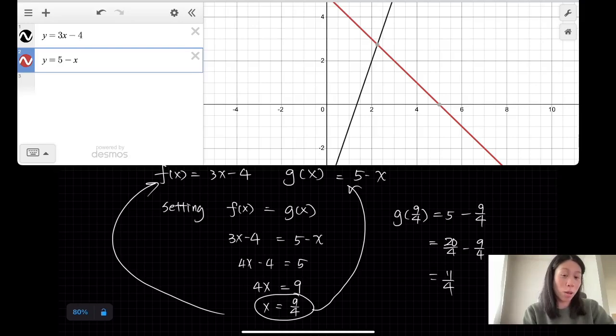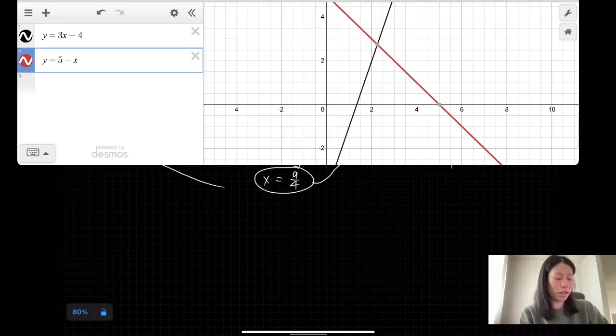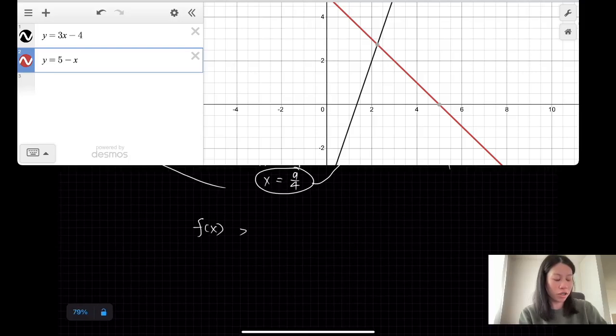So the last part is the inequality of these two functions. Remember, the black line is f(x), the red line is g(x). Since when is the value of f(x) going to be greater than g(x)?